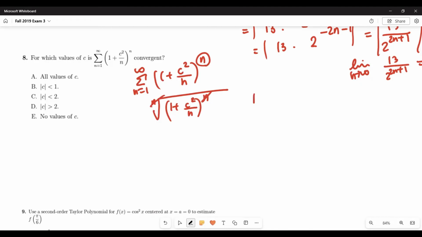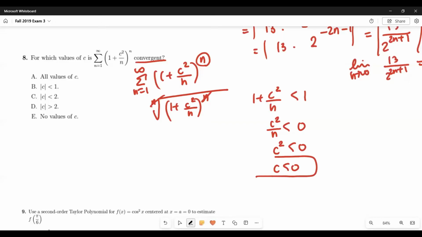So this will be 1 plus c squared over n, but it is saying it's convergent, so it's less than 1. So c squared over n has to be less than 0, and then this will be just c squared is less than 0, so c is less than 0. And we don't see any option that shows that, so it will be E, no values of c.